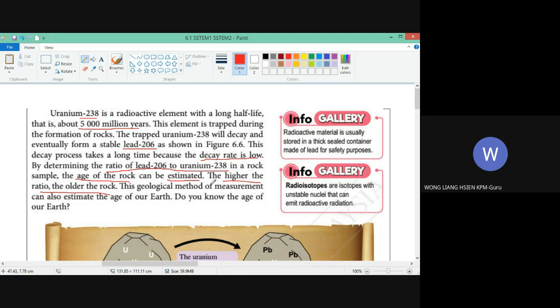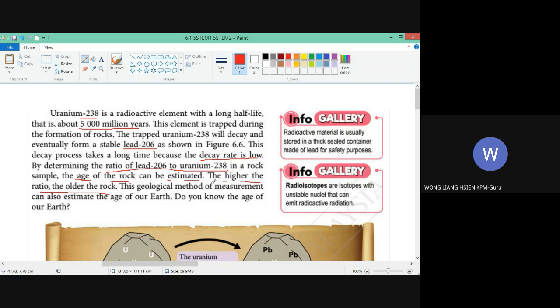A lot of the rocks are formed during the formation of Earth. So if you know the age of the rock, you can also estimate the age of the Earth. For information, not all rocks are formed during Earth formation.